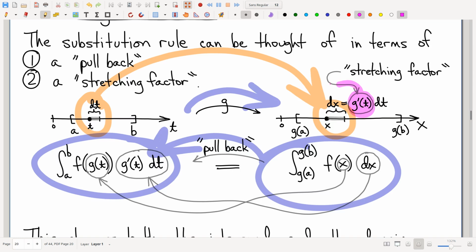And we discussed why g prime, right, really should be that stretching factor. That's how much bigger dx is than dt, and therefore why you have to insert this factor of g prime. Now, again, there's different points of view on why you should insert that g prime, but this is the point of view that I want us to go with for our purposes here.